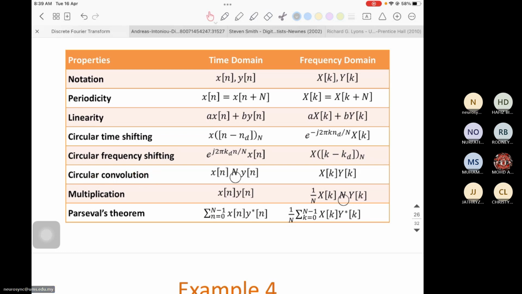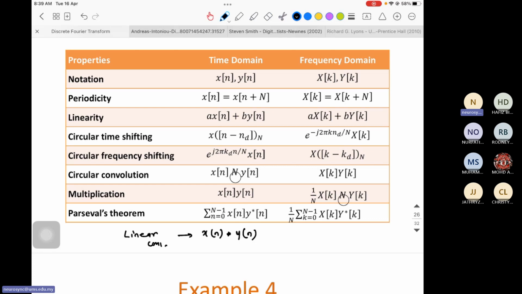Now, linear convolution we basically represent with the star notation, like x of n is linearly convolved with y of n.